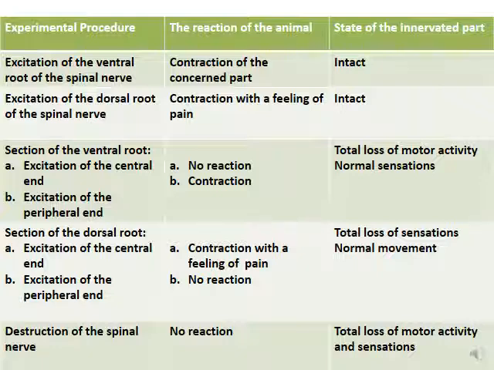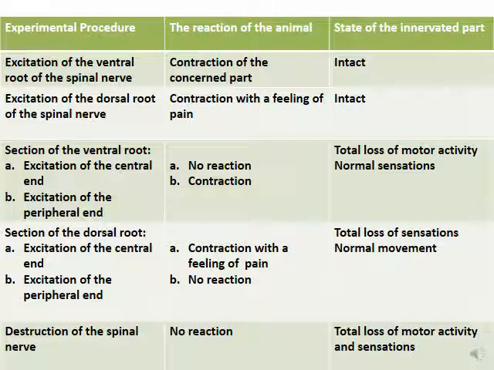Whereas after the sectioning of the dorsal root and excitation of the central end, we have contraction and the feeling of pain. So this means that the nervous message propagated to the spinal cord and then to the brain and then to the concerned organ or muscle. So after the sectioning of the dorsal root and excitation of the peripheral end, there is no reaction. So the message stopped at this section.